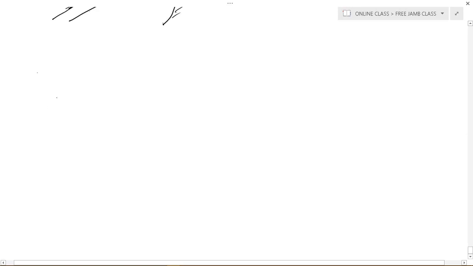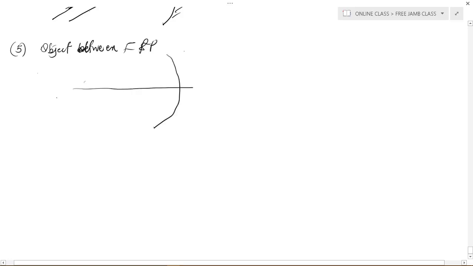Let me now take the last one here, number 5. It remains just 1 minute 50 seconds. Object between F and P. I need to rush this one because of time. We have F here, P here.